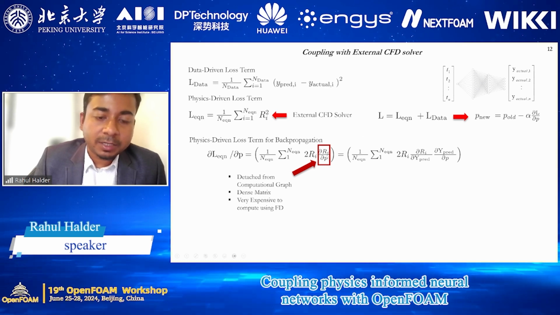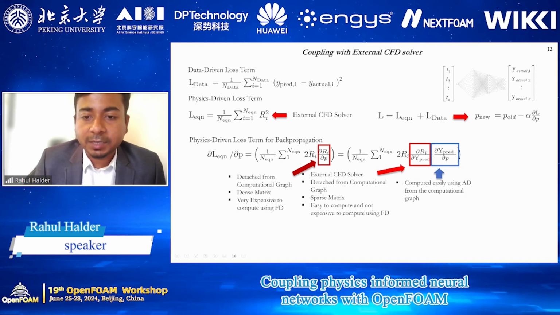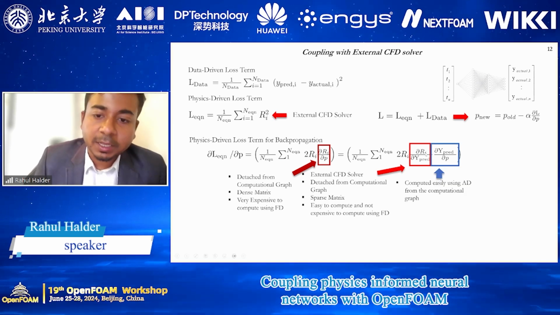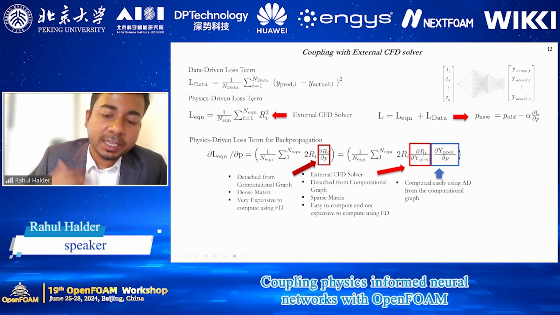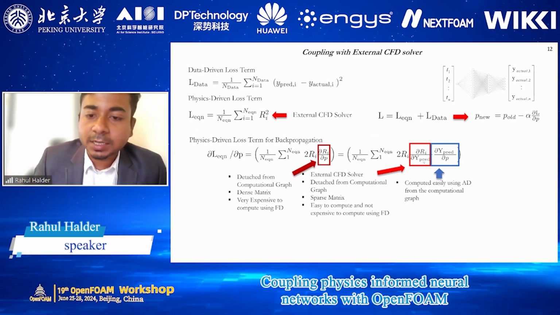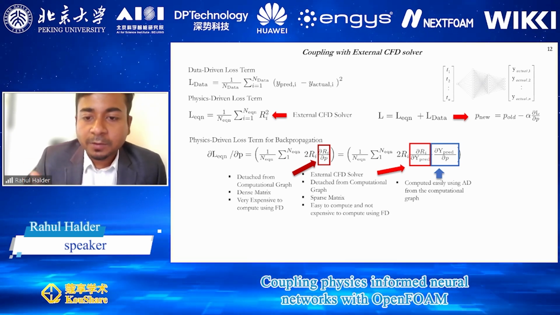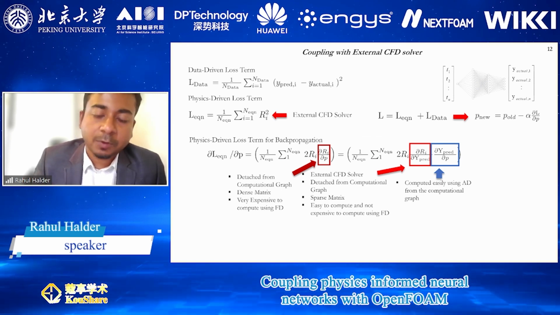On the other hand, if you compute these two matrices using finite difference, they will be much cheaper, because the residual is a residual of momentum or continuity or any kind of governing equation, and Y predict is the physical variables like pressure or velocity or whatever you have.